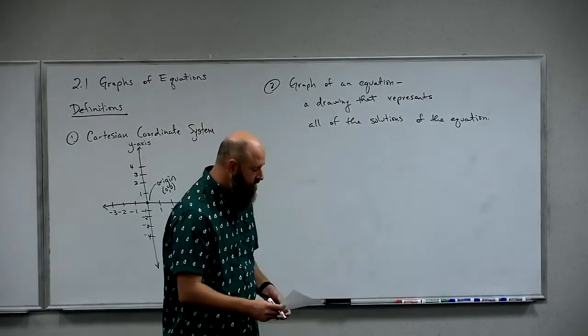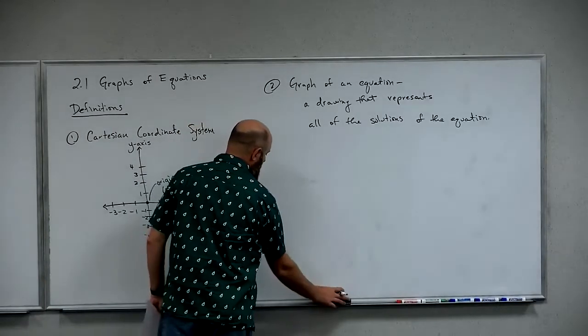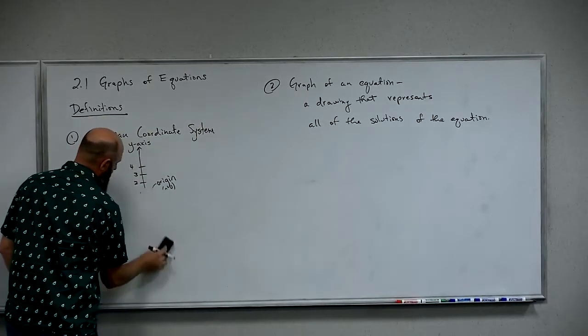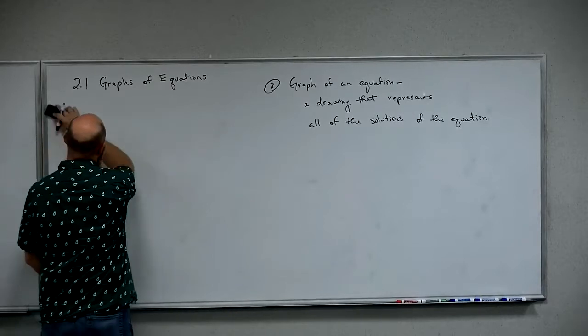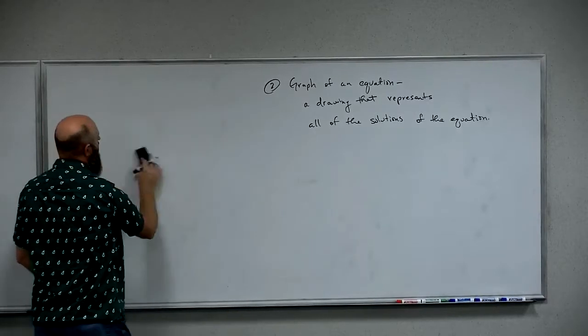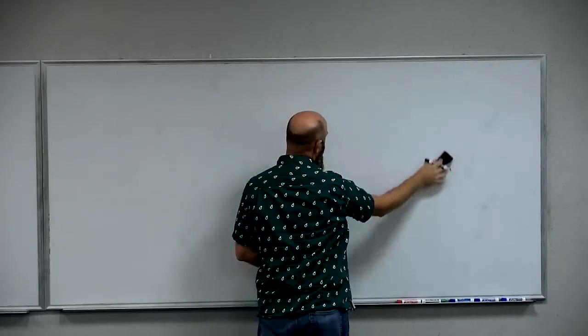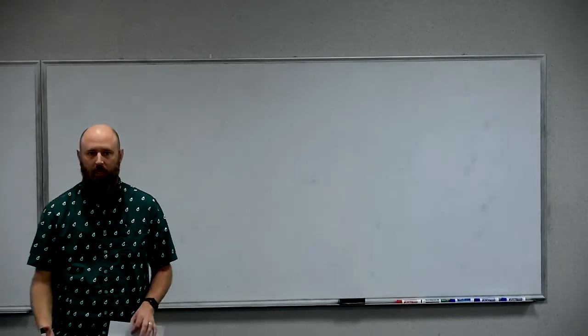Okay. All right, so let's get into the examples here and see how to graph different types of equations. Now, I'm going to stick with a very basic way today because we're not very far into this. There are many different ways of graphing. We're going to look at some other ways throughout the semester based on the type of equation.